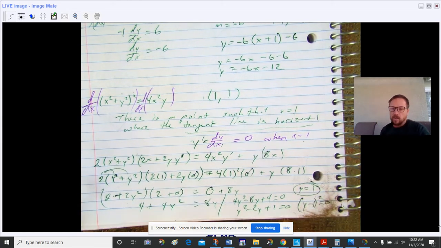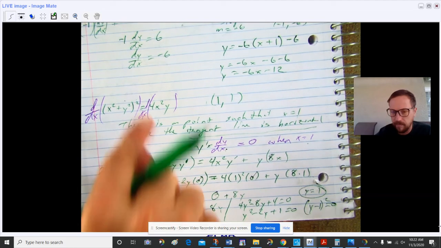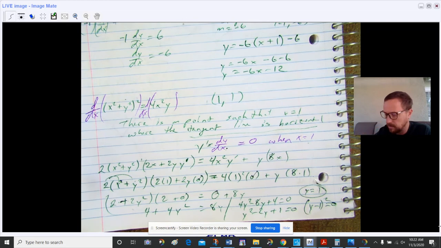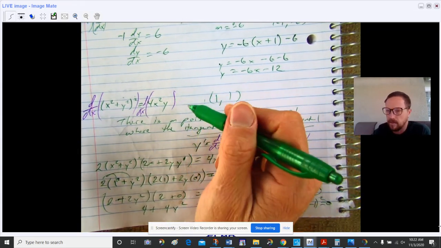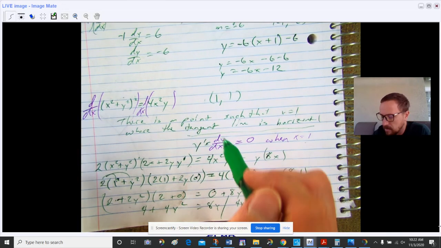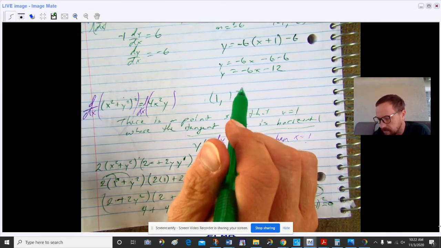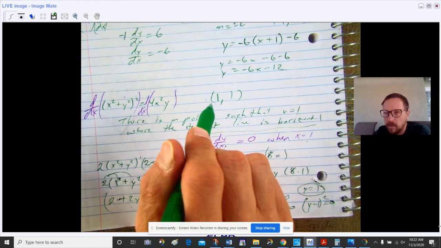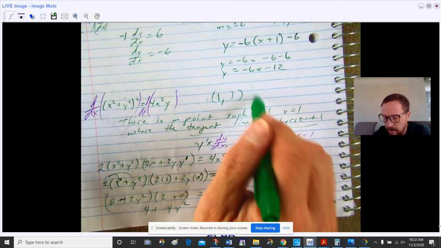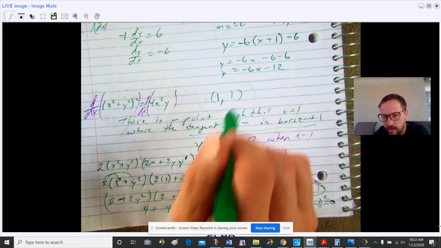Now, in this case, all this means is that, and this is real important, if there is an x value where the slope is 0, then it happens at 1, 1. But we don't know yet if this point is on the curve.